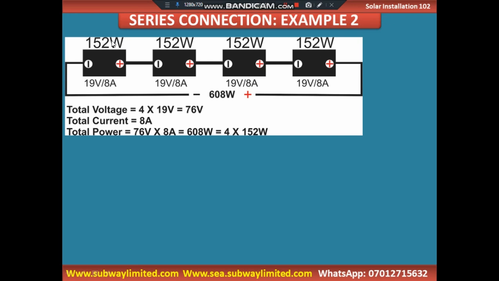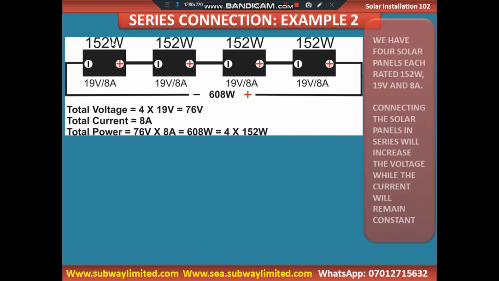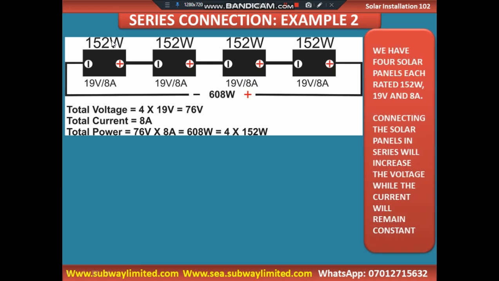We are not considering how to configure this with other components. We are just trying to consider how we arrive at the total output, or what will be the resultant voltage and what will be the resultant current when you connect solar panels of the same ratings in series. Remember, we are considering series connection here.